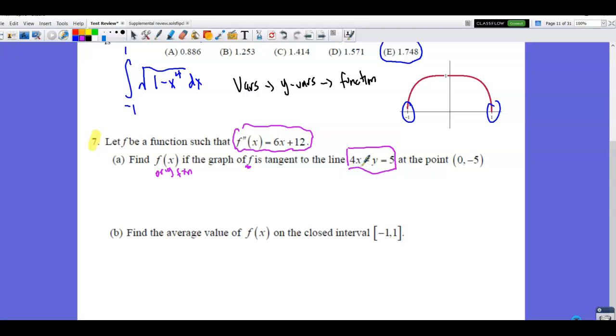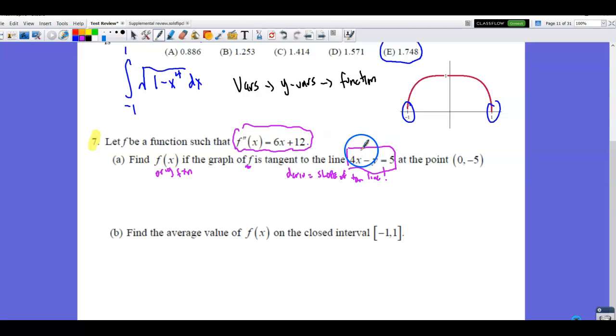Now that's really significant, because the definition of derivative is slope of the tangent line. So this is a really sneaky way of giving us a point on the first derivative.